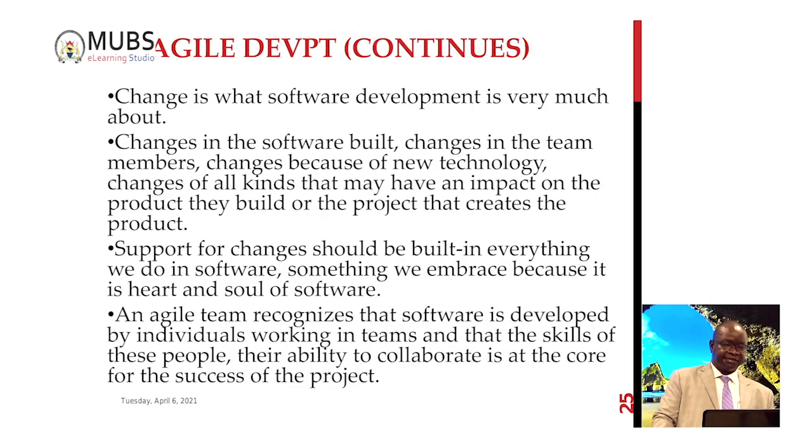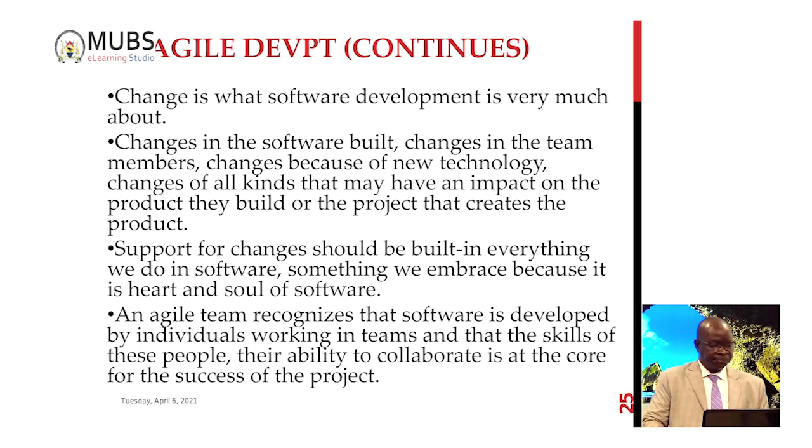So changes in the software build, changes in the team members, changes because of new technology, changes of all kinds that may have an impact on the product they build should be accommodated, should be addressed. Support for changes should be built in everything we do in the software, something we embrace because it is the heart and soul of software.